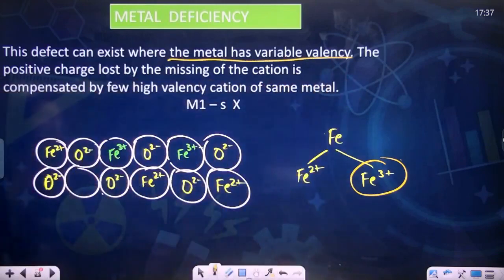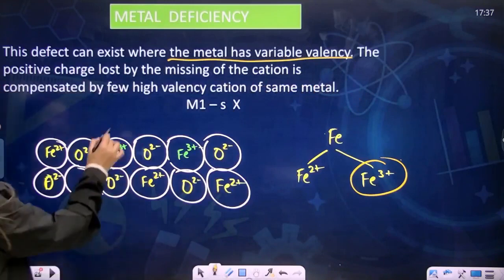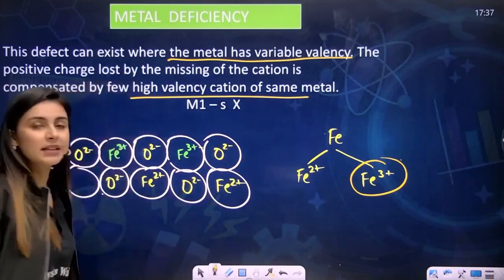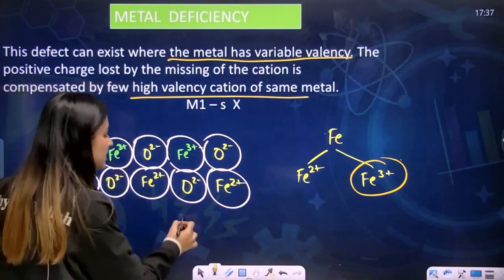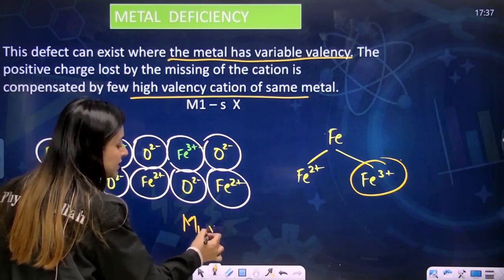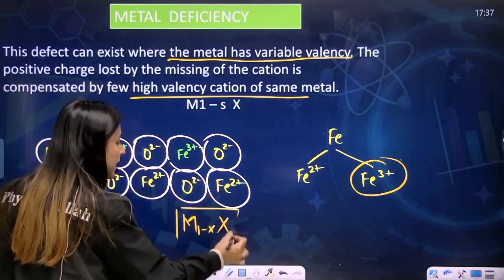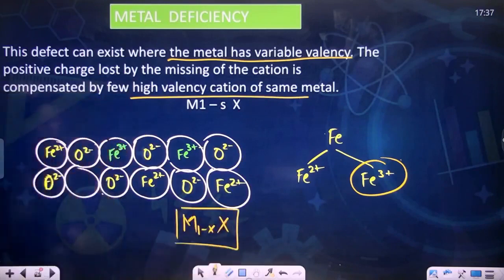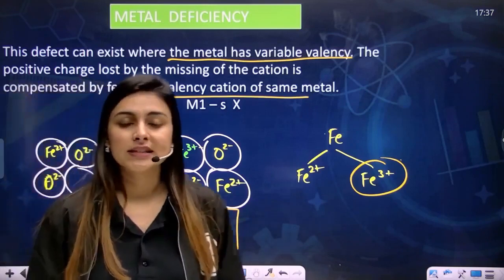The positive charge lost by the missing of the cation is compensated by the higher valency cation which are present in the metal, and that is the reason we say that metal is comparatively less as compared to the anion, right? Yes, perfect. So this is how we show the metal deficiency defect.